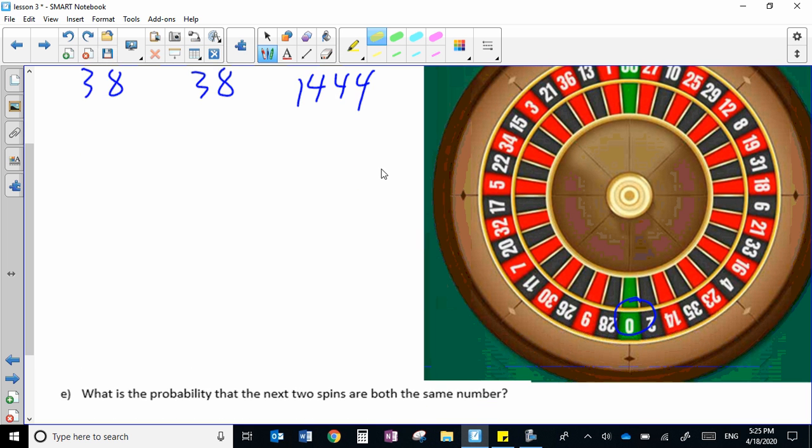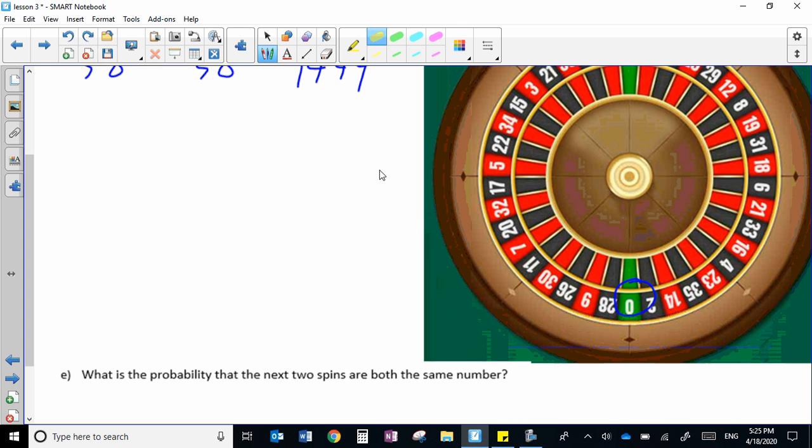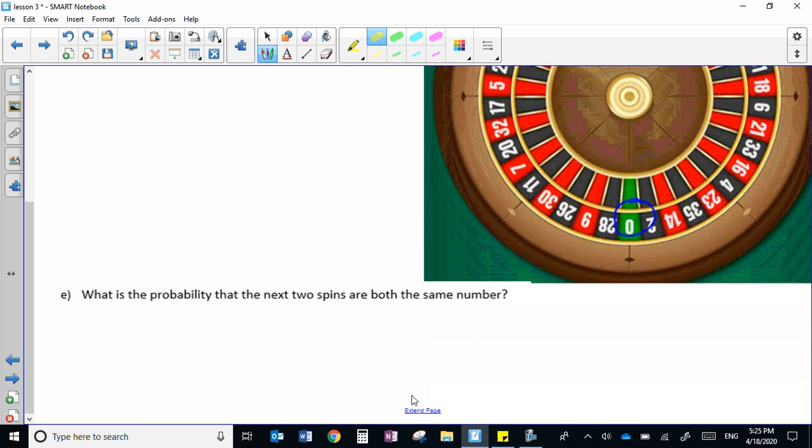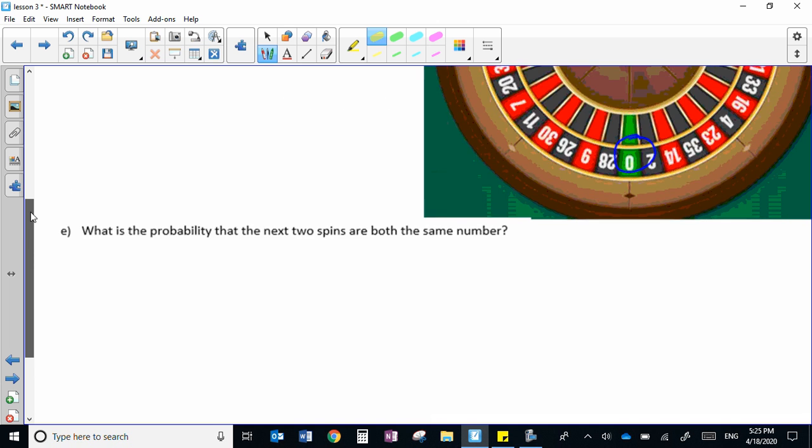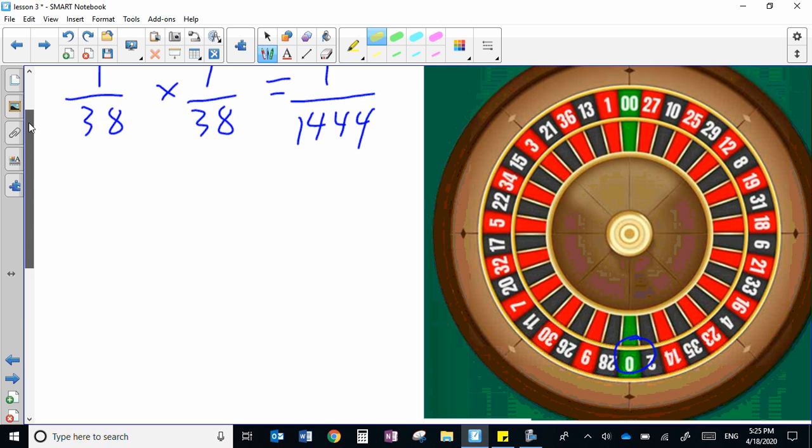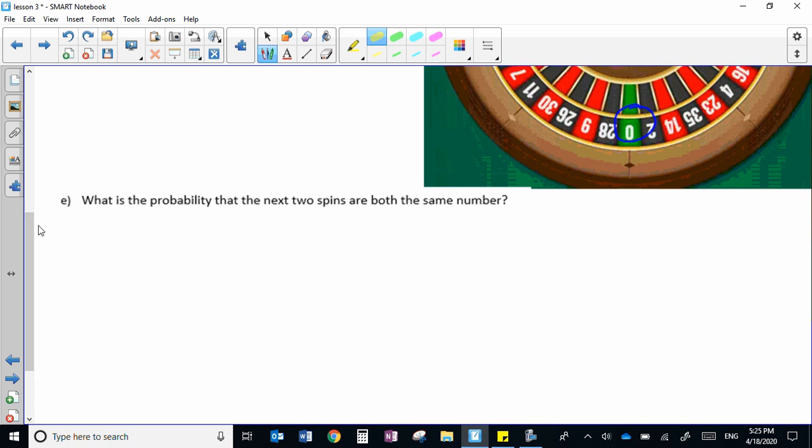Now I've moved on from that and said, well, what is the probability the next two spins are both the same number? Well, now there's a lot of cases we could look at. We could look at the probability that they're both the green single zero, which we just figured out above. We could also look at the probability that they're both double zeros. Well, that's going to be the exact same calculation.